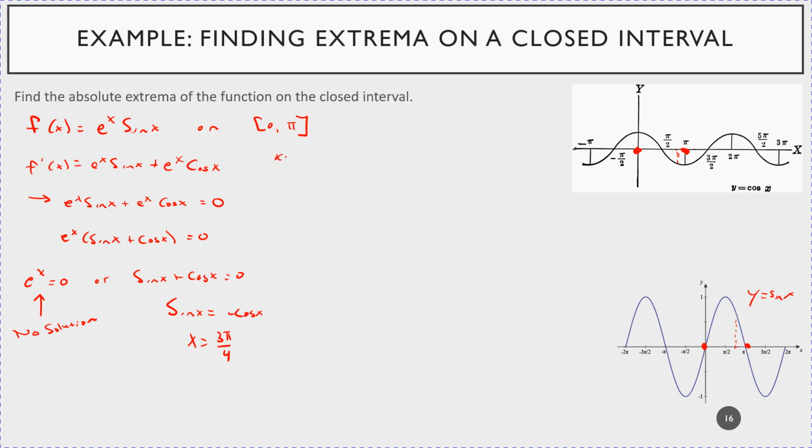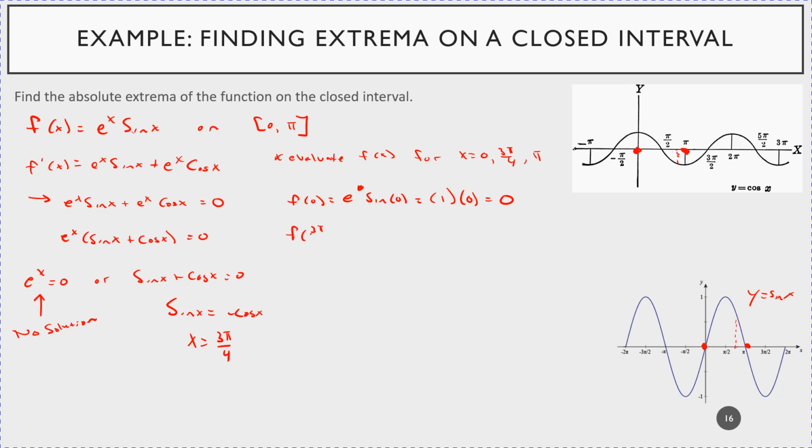So now evaluate f of x for x is equal to 0, 3 pi over 4, and pi. So this is my f of x here. Okay, so for 0, f of 0, well, that's e to the 0 times sine of 0. Well, e to the 0 is 1, sine of 0 is 0, so that's just 0.